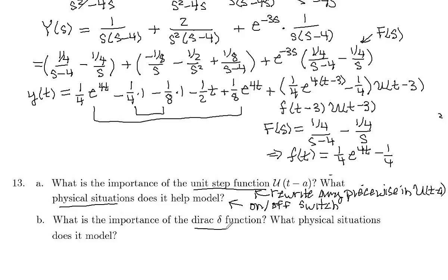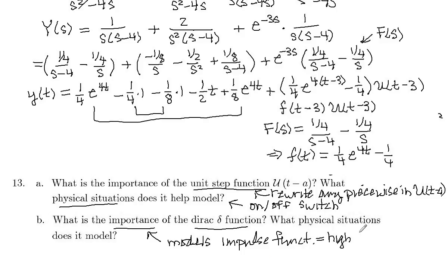And then for the Dirac delta, what's its importance and what physical situations? The importance here of Dirac is it models impulse functions, actually, unit impulse functions, and those are high magnitude, short duration.